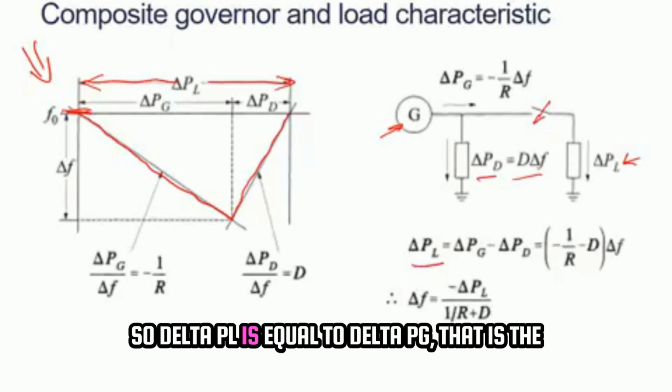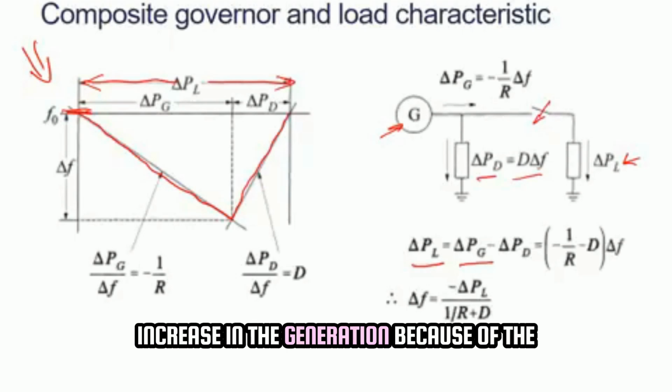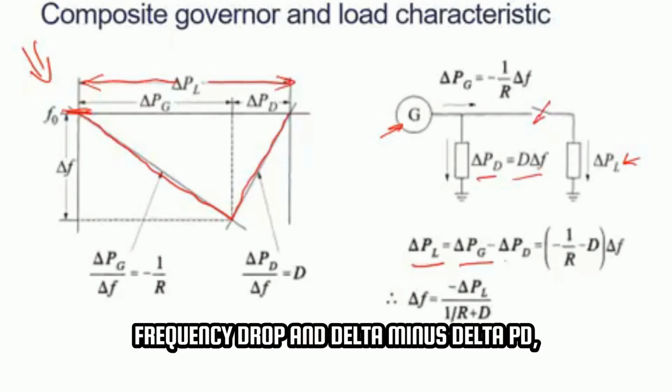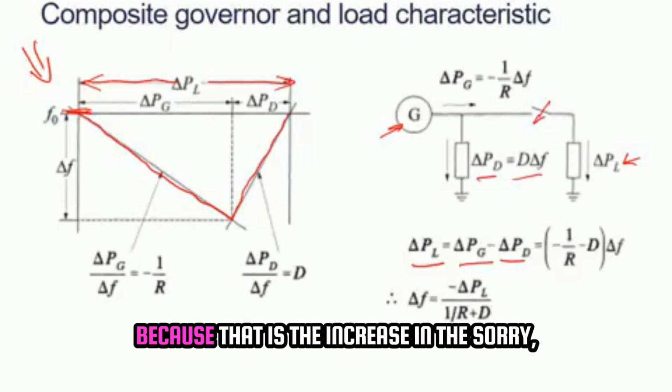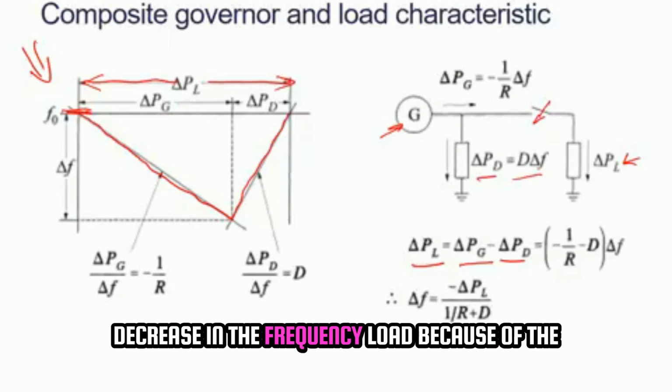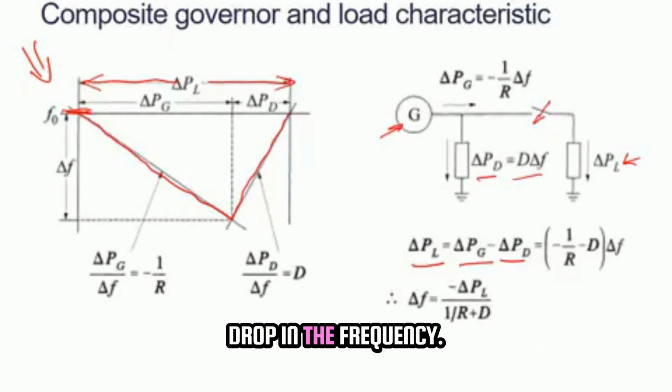So delta PL is equal to delta PG, that is the increase in the generation because of the frequency drop, minus delta PD, that is the decrease in the frequency dependent load because of the drop in the frequency.